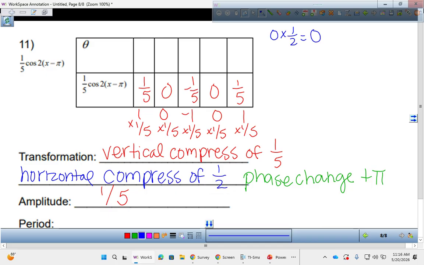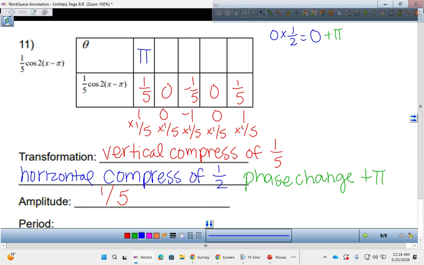Alright, so the compress has still got me at 0. But then I'm gonna move that plus pi. So the first value ends up at 0 plus pi, which is pi.